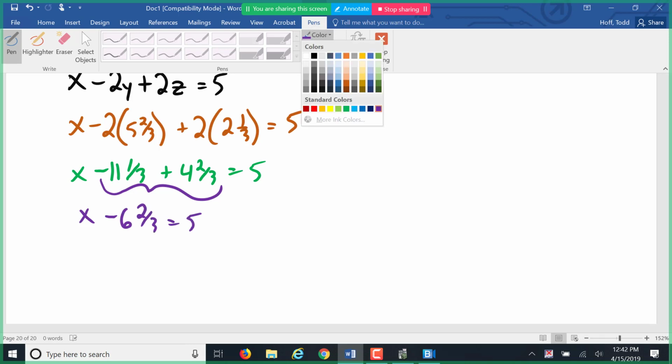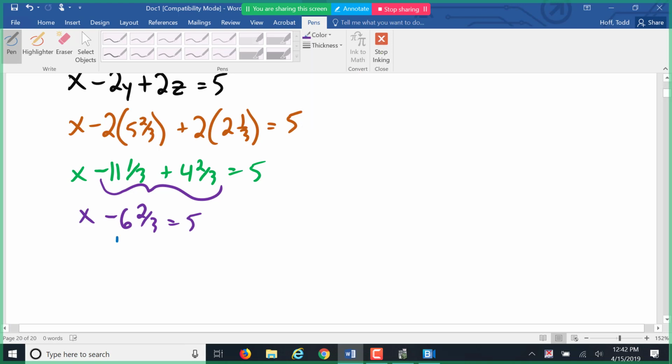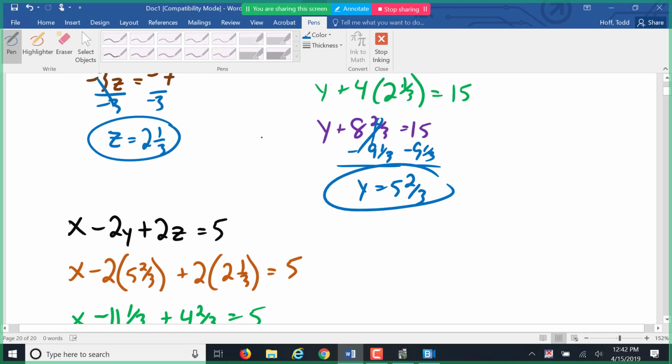Equals 5. And finally, we add the 6 2/3. X equals 11 2/3. So you get the ordered pair, or the ordered trio, I should say. X is 11 2/3, Y is 5 2/3, and Z is 2 1/3.